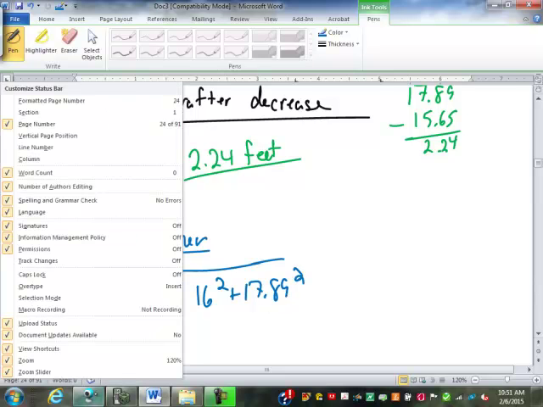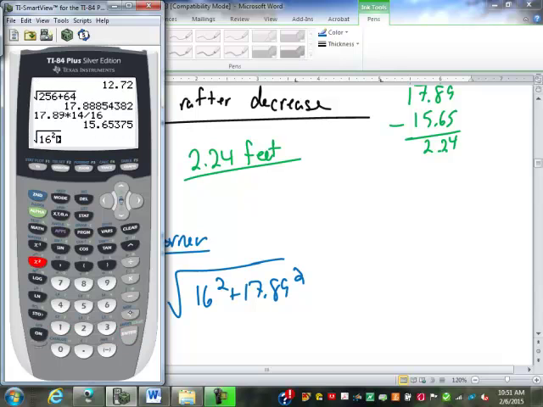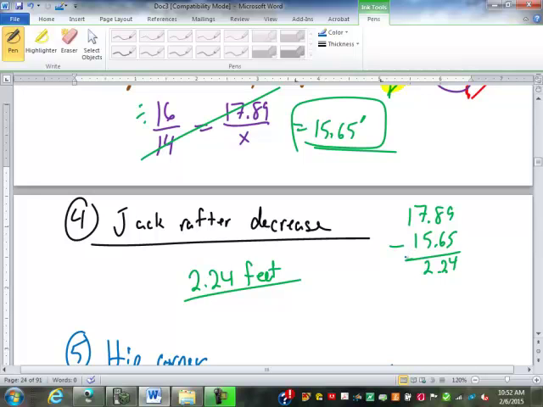Which will give us 24 feet. So that hip corner, that corner rafter, is almost 24 feet exactly. Again, remember, this is not including overhangs of any sort.